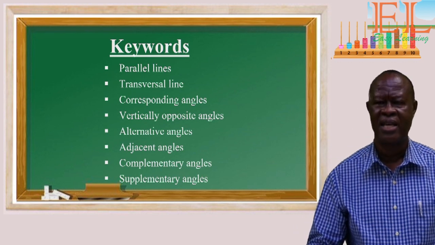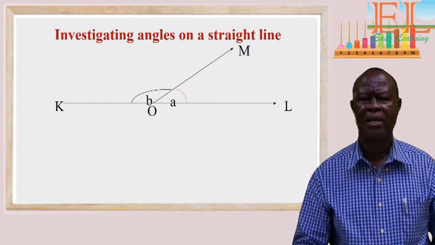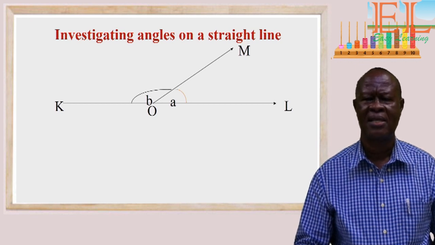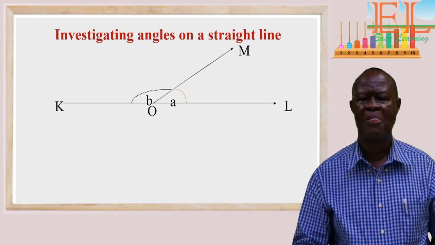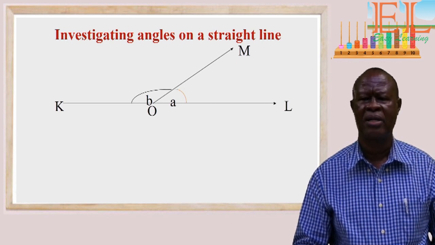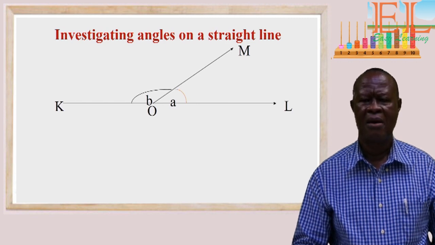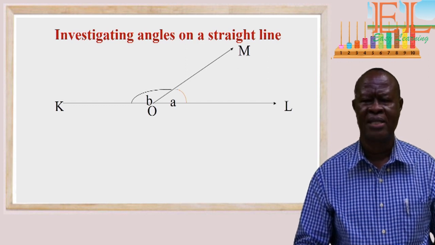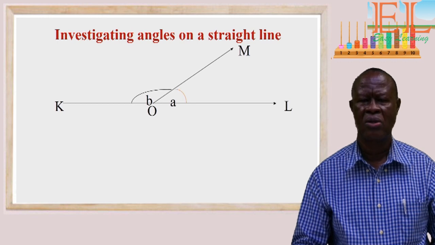Now let us investigate angles on a straight line. When we have a straight line KOL, and then it is intersected at point O by OM, we have these two angles, angle A and B. If we measure them with our protractor, or we cut the angles and place them on the protractor, we are expected to get this result.